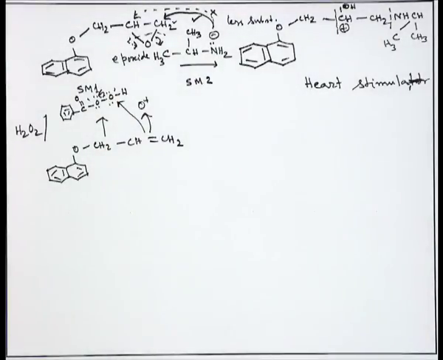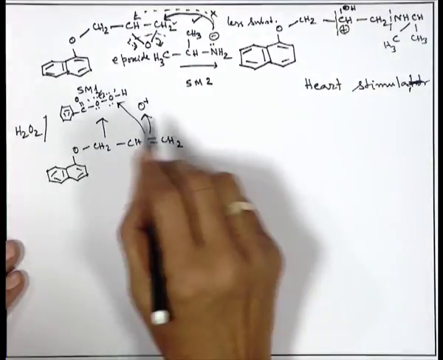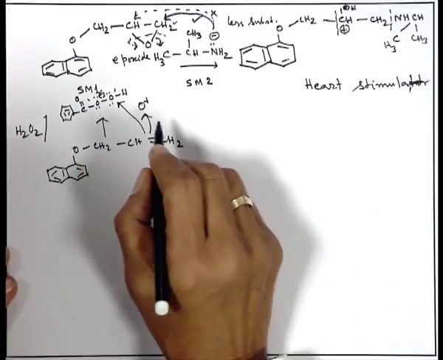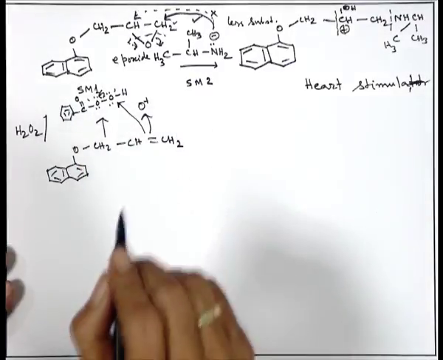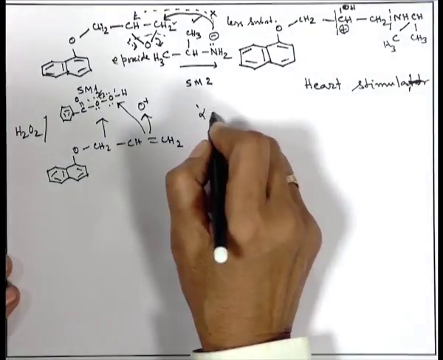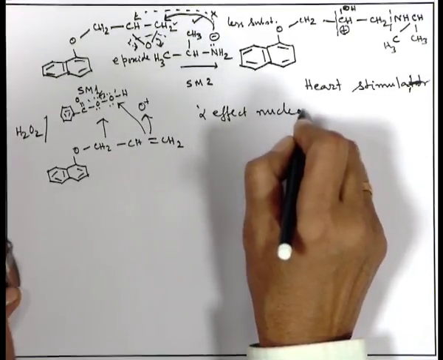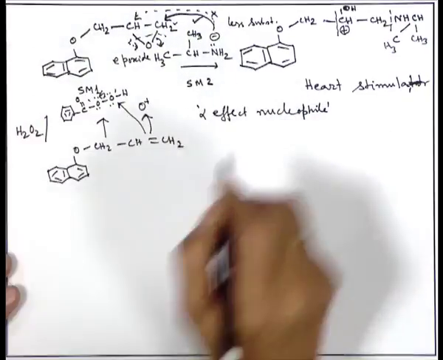So, this is a very general rule. That type of phenomena, why selectively one oxygen of the hydrogen peroxide or metachloroperbenzoic acid or perbenzoic acid or peracetic acid gets picked up? The answer is, this is the alpha effect nucleophile. What is that terminology?